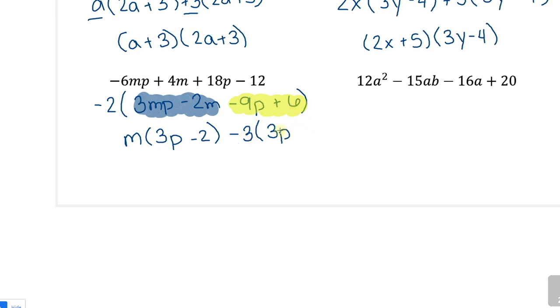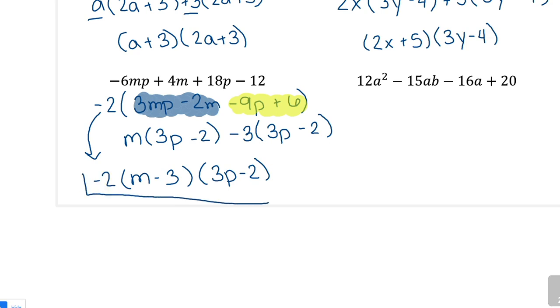Then 6 divided by negative 3 is a negative 2. The insides match up, so we can rewrite it, and then you take the outside and make a binomial, m minus 3. Since we factored out the greatest common factor in the beginning, we have to bring it down. And there we go.